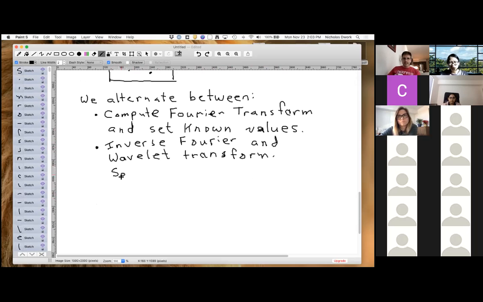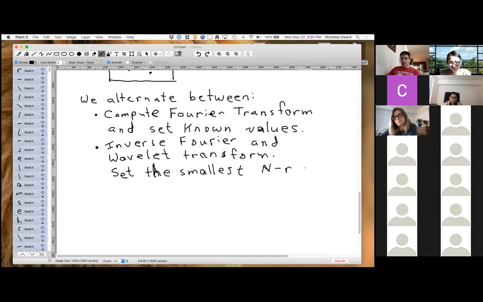Set the smallest n minus r values to 0. We want only r values to be non-zero.